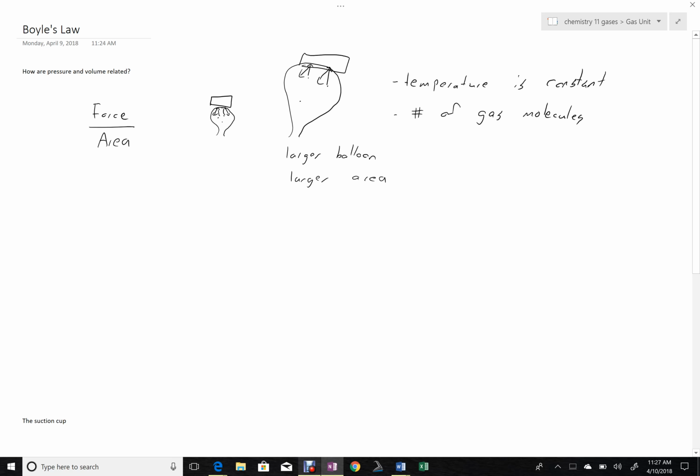What that means then is if the area is larger, the area goes up. Since it's in the denominator, that means that the pressure will go down. So as volume increases, pressure decreases.